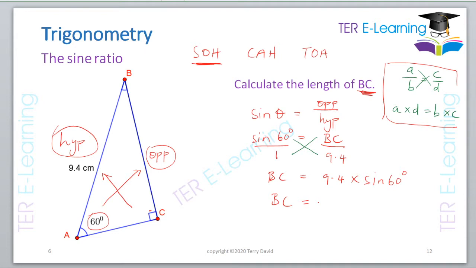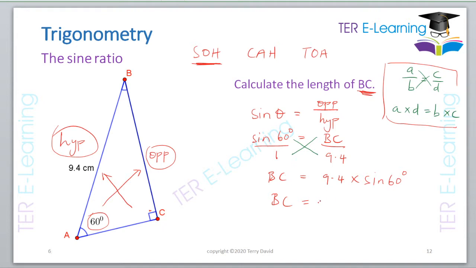Alright, so I see Shiri's got 8.14. Alright, Danica also got 8.14. So let's see, 9.4 multiplied by sine 60.